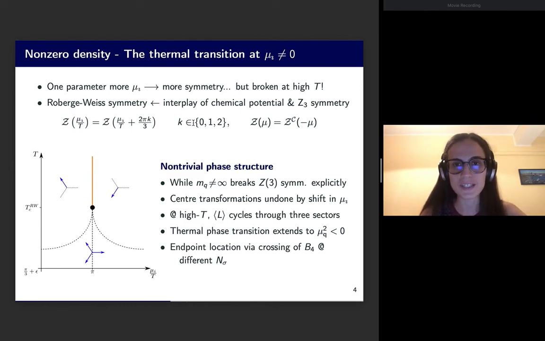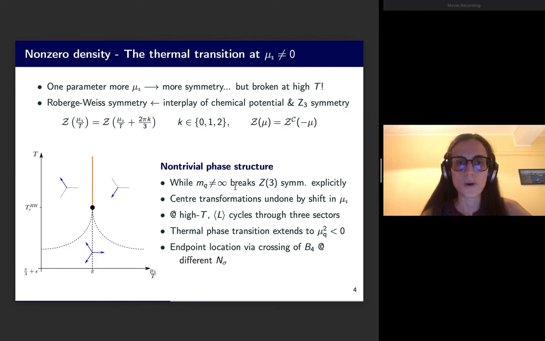I'm calling it more symmetry, but this is also broken at high temperature in the way that I just described. And it is basically the result of the interplay between the chemical potential and the Z3 symmetry summarized in these symmetries of the partition function and in the way that the Polyakov loop behaves with respect to these symmetries. So all in, we have a very non-trivial phase structure.